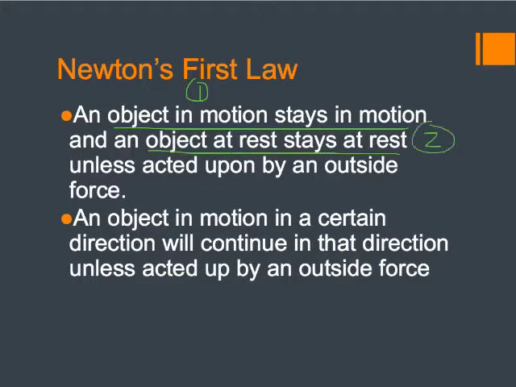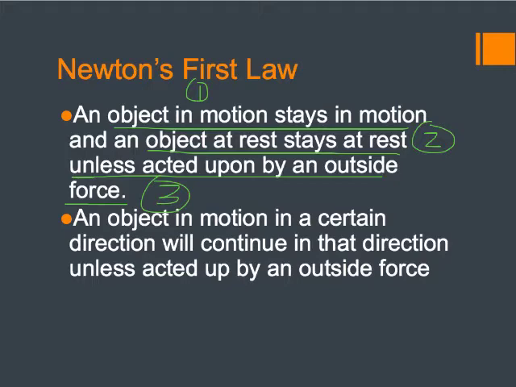So if an object's not moving, it doesn't want to start moving, and it's not going to start moving out of nowhere. And then the third part, and this is true unless acted upon by an outside force. So objects in motion keep going unless an outside force stops them. Objects at rest stay at rest unless some sort of force makes them start moving. Okay?